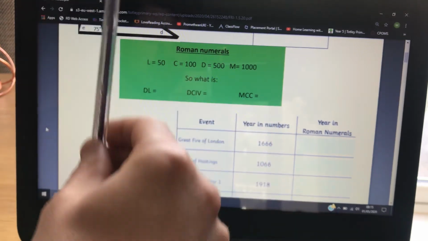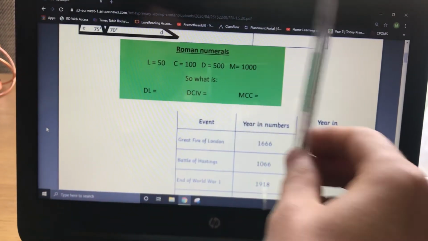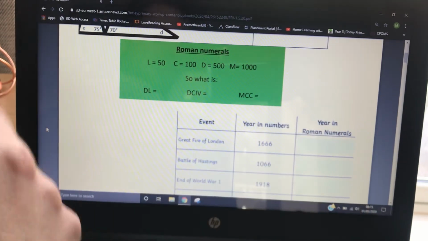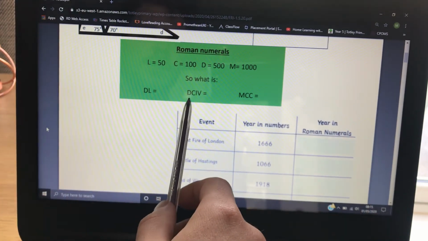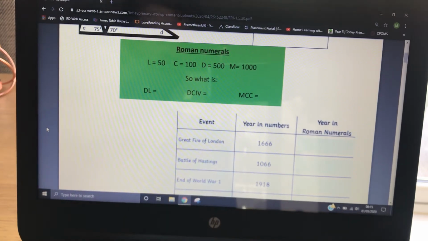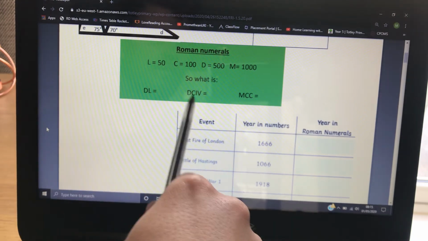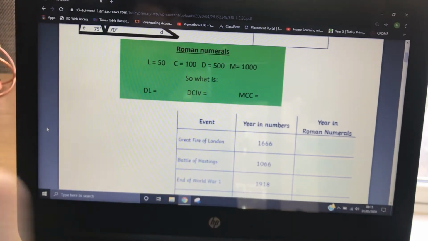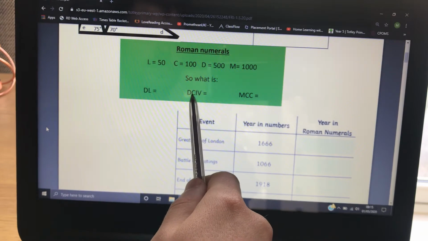DCIV. You've just got to look at each individual numeral and work it out. It's almost like reading your place value. So D, well, that's 500. C, that's another 100. Well, hang on then. We don't have a 500, 100 number, but we do have 600. So 500, 100, so that's 600.